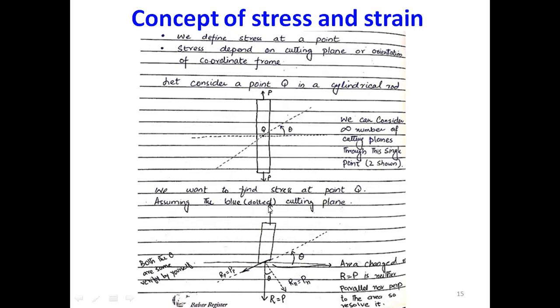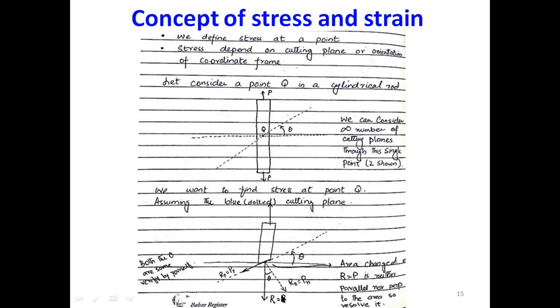So we have this force which is acting in the upward direction, which is P. So it means that on this face we would have a force acting in the downward direction. This is actually the internal resistance coming from the material here, and let's say that internal resistance is R. Since our original system is in equilibrium, each and every segment would be in equilibrium.